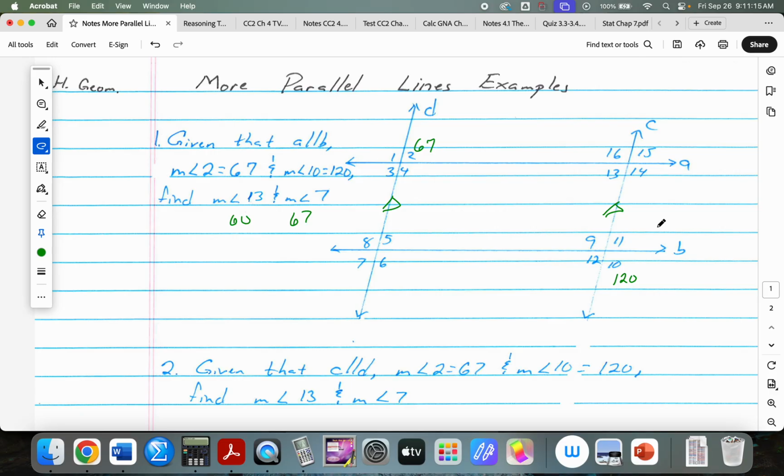So again, angle 2 corresponds to angle 5 and of course it corresponds to angle 15, but which one is it going to be congruent to? 15, because we have to go across the parallel lines. So this time this angle is 67, making angle 13 67.